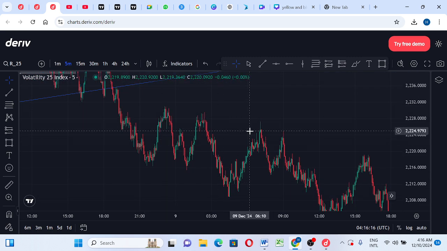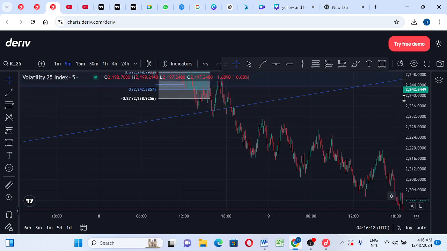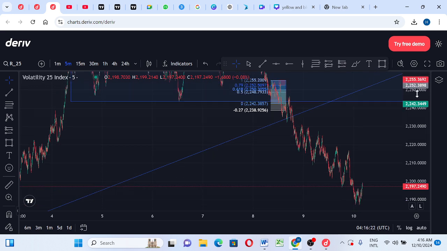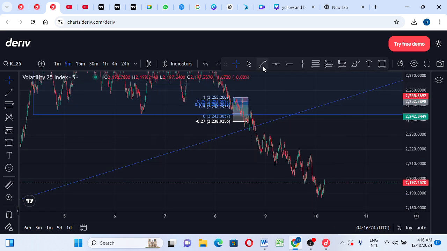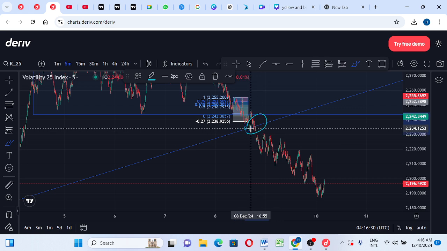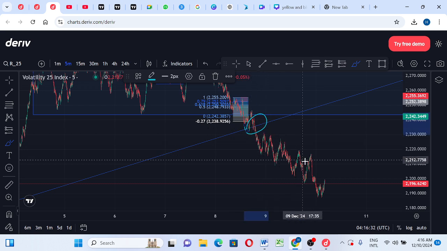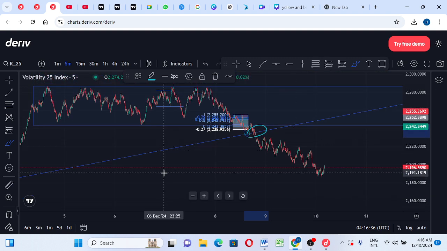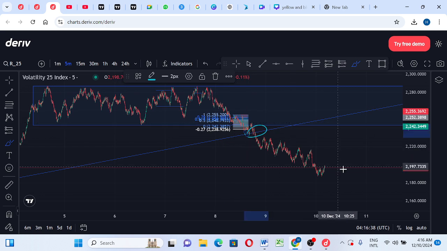Now after that, what can we see? We got a break of structure, a break of trend line. This was where we got our break of trend line here. Some persons will take their trade here and just swing it. They just keep holding it until it gets to the overall low of this break of trend line, or until it violates this trend line.